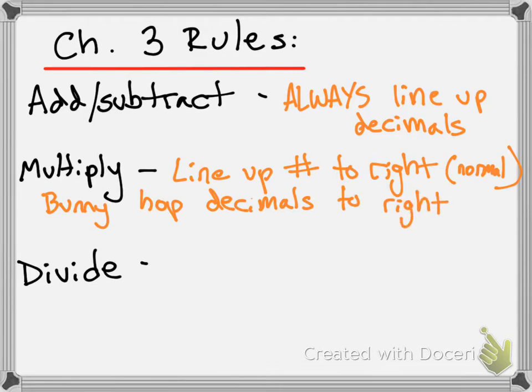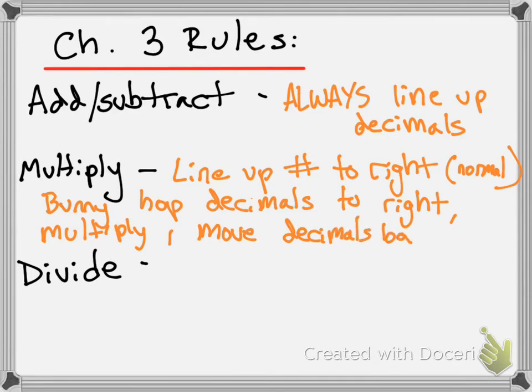Perfect. Bunny hop decimals to the right, multiply, and then we move decimals back the same amount.